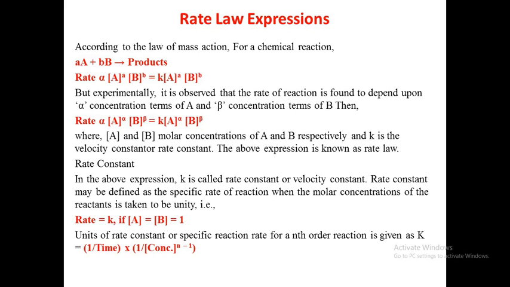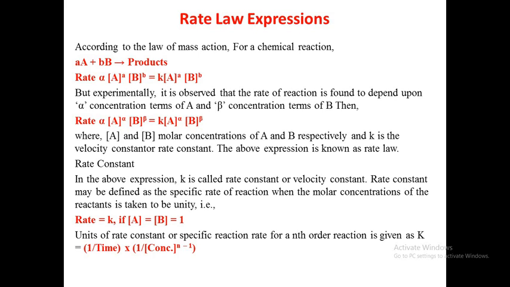But now we have to consider the rate law expression. In case of rate law expression, rate is directly proportional to concentration of A to the power alpha, concentration of B to the power beta. We can also replace alpha and beta with x and y, that is, concentration of A to the power x and concentration of B to the power y. In this case, alpha and beta are experimental terms.